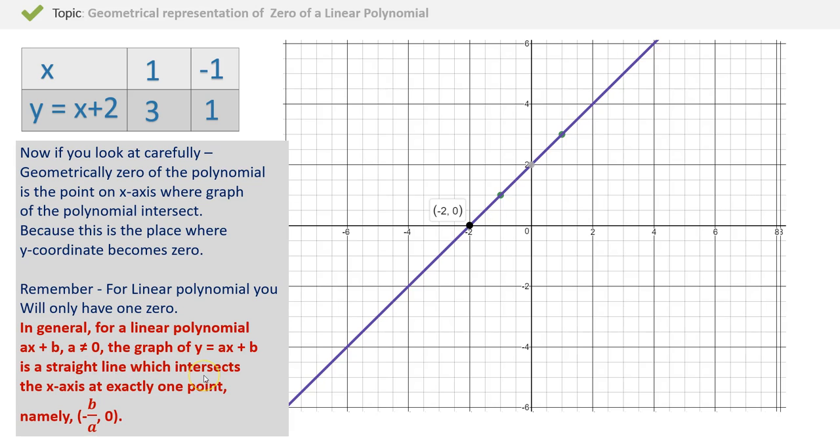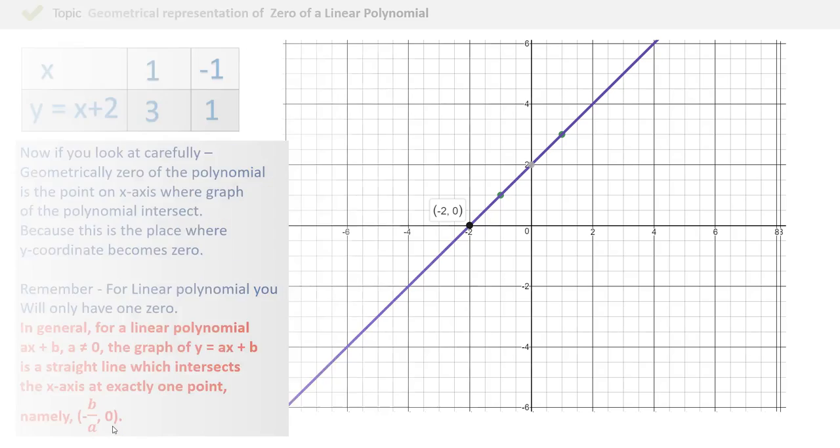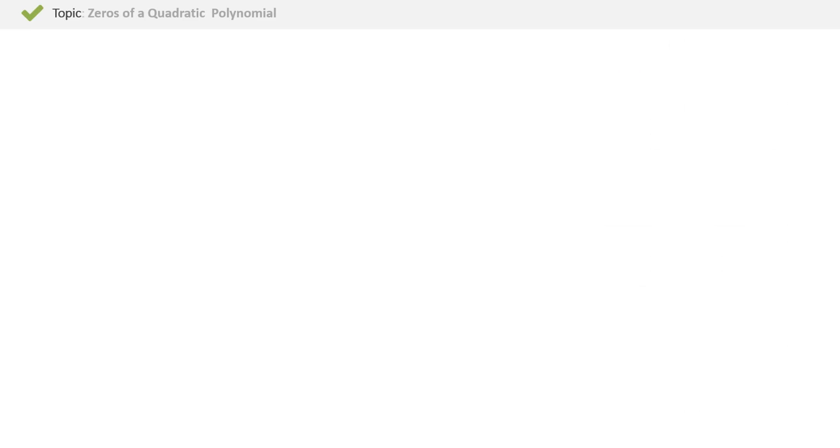And if that is a straight line, it will intersect the x-axis exactly at the point (minus b by a, 0), because the y coordinate is always going to be 0. So what you have to actually find is your x coordinate. Now let's take a look at zero of quadratic polynomial.